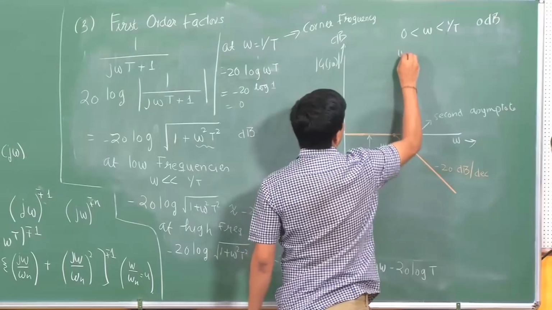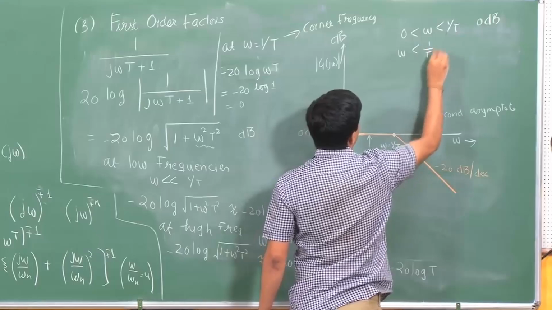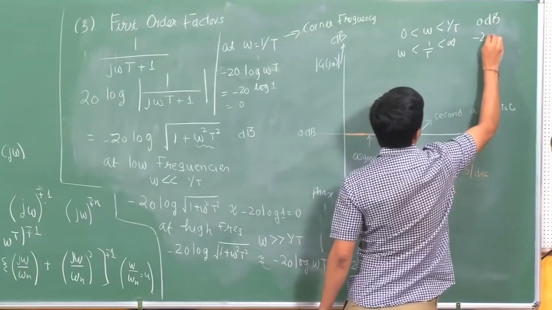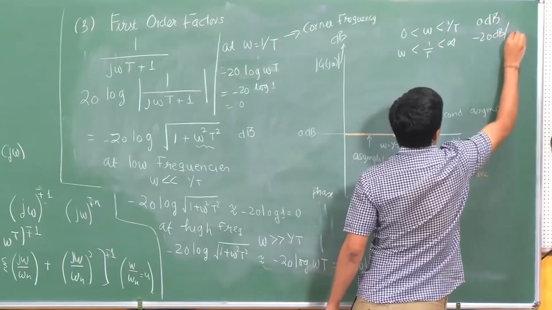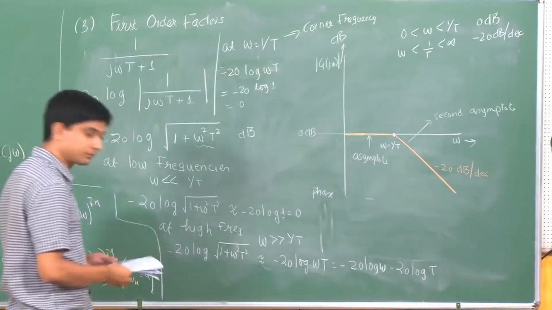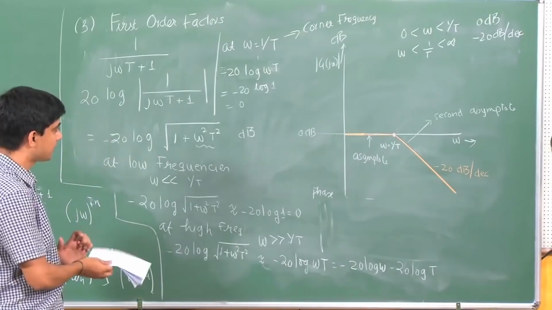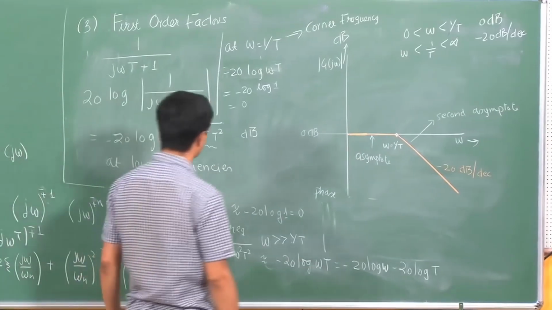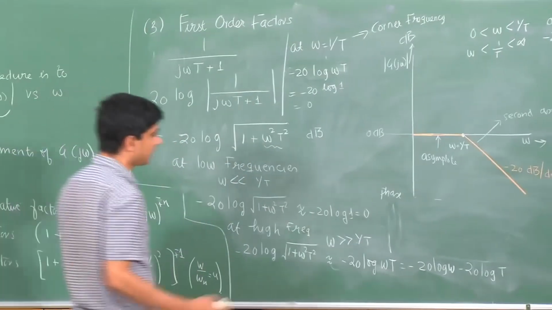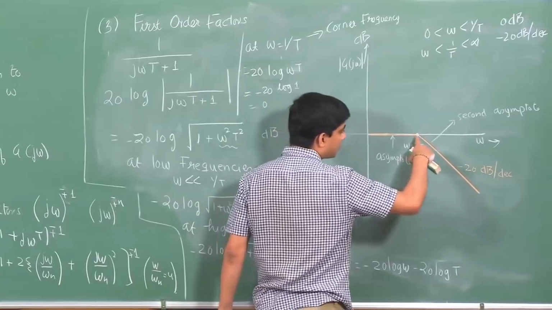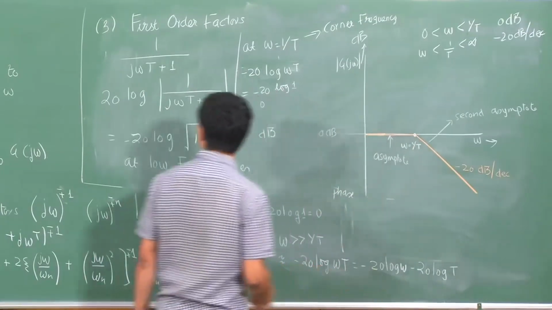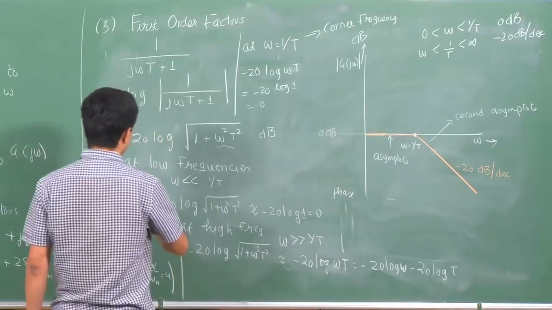Again for omega from 1 over T to infinity, it goes down at minus 20 decibels per decade. Okay. So, these are the two approximations we get. Okay. Now, what is the actual plot? The actual plot may have some errors, right. So, at omega equal to 1 over T, it may not be 0, but something somewhere close to 0. So, we will see about what that is.